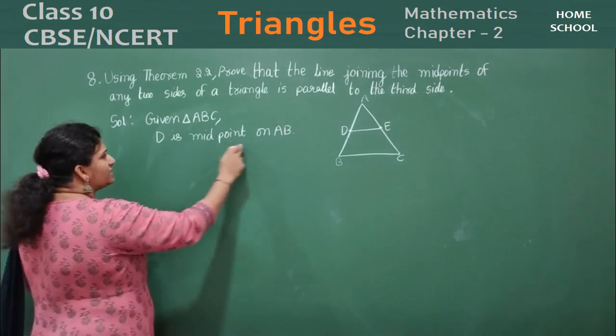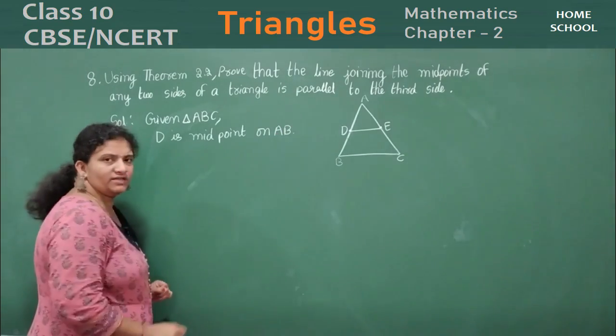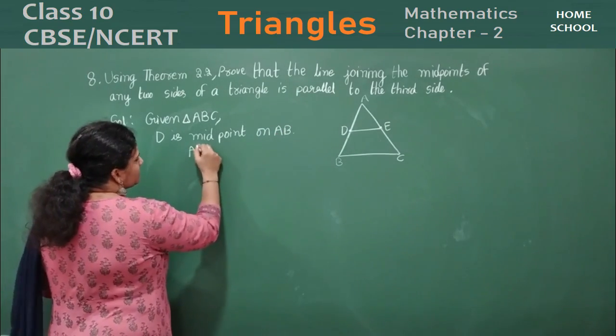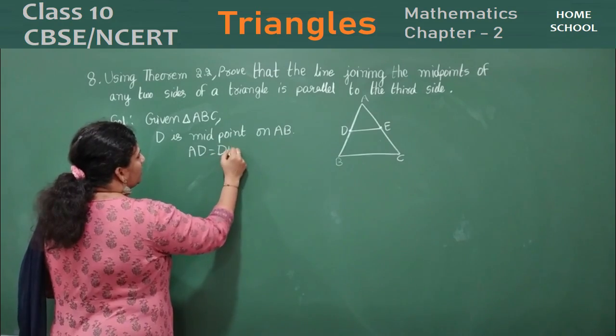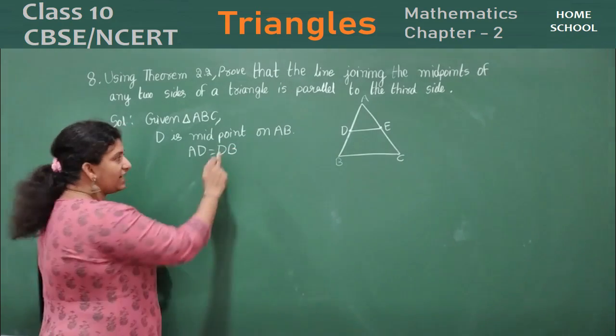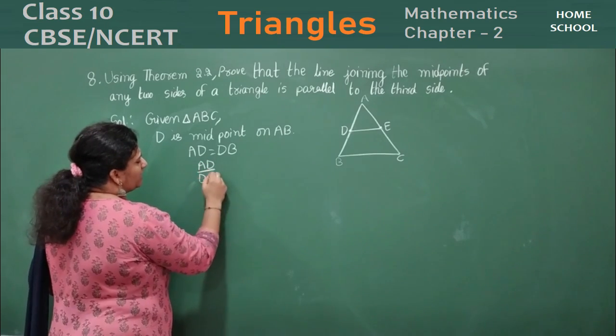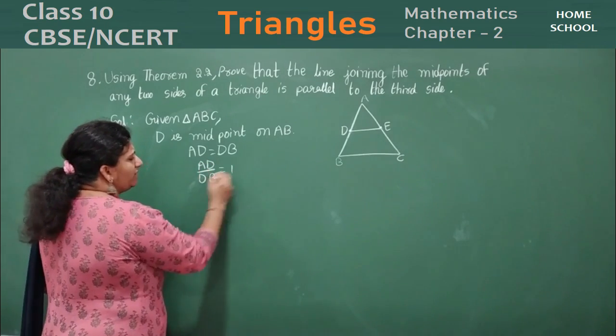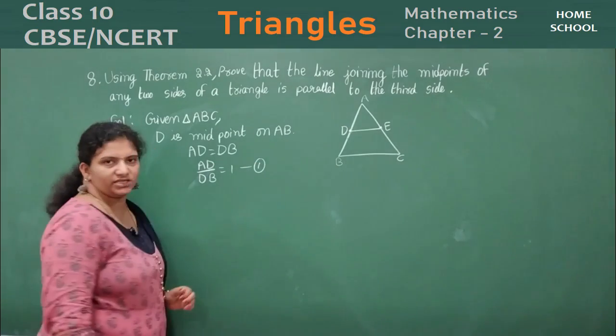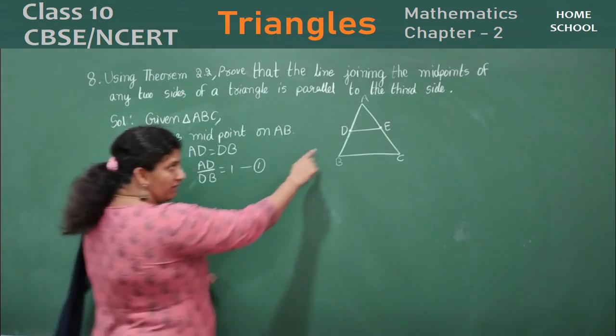So now if D is the midpoint on AB, what can you say? AD is equal to DB. Yes or no? Now send this DB to this side. That makes AD by DB equal to 1. Mark it as the first equation.